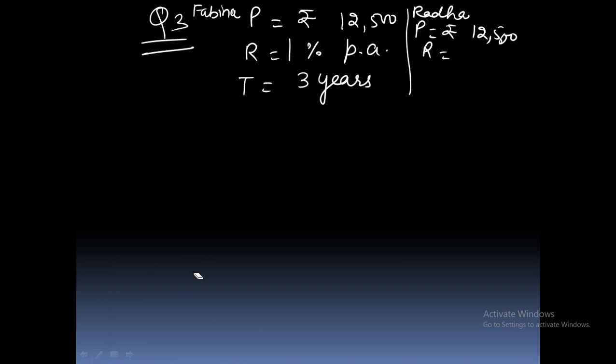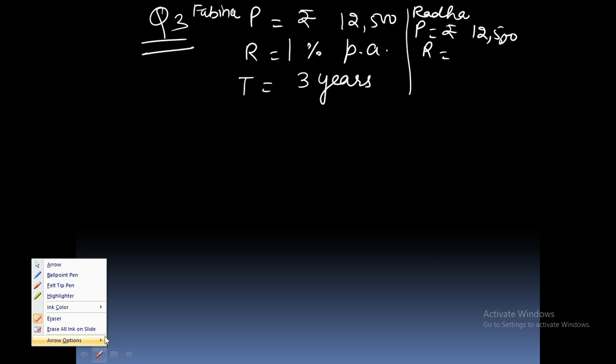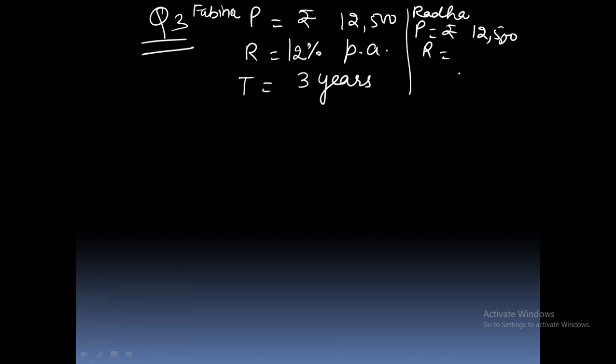Rate of interest according to Favina is given 12%. And Radha takes the loan at a rate of interest of 10% per annum, but compounded annually. And the time period will be the same, that is 3 years. We have to calculate who pays more interest and why, how much.